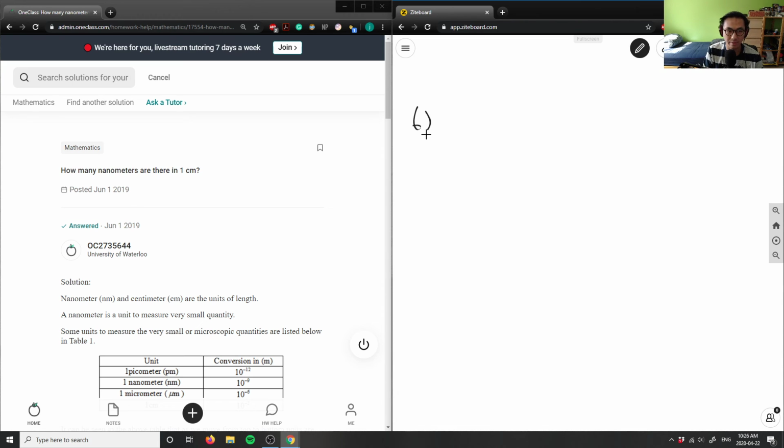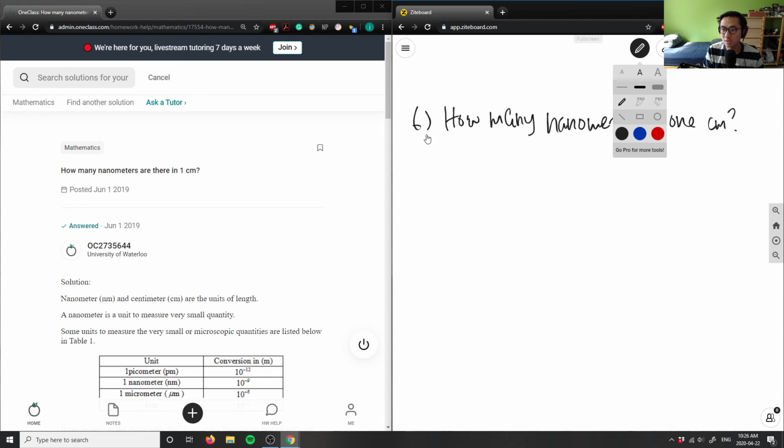How many nanometers are in 1 centimeter? Nanometers in 1 centimeter. We're now actually working in the metric system.